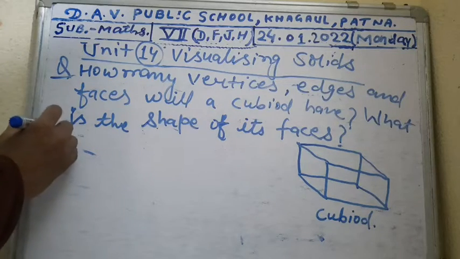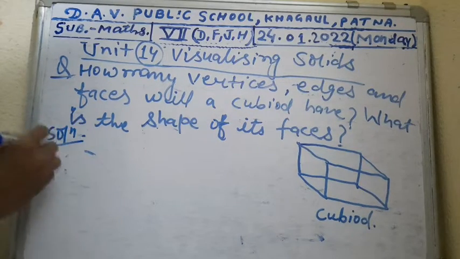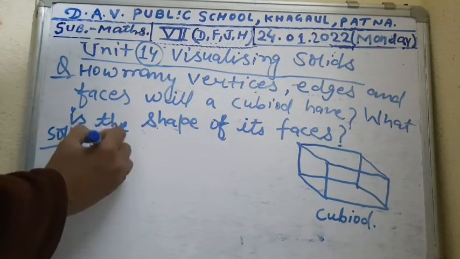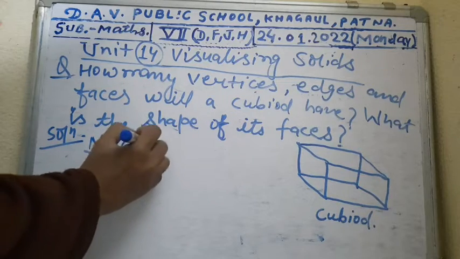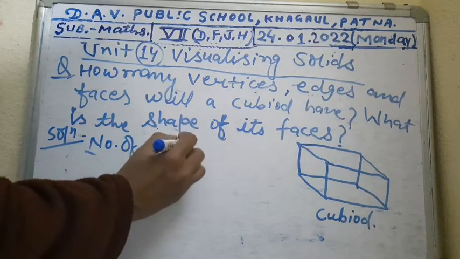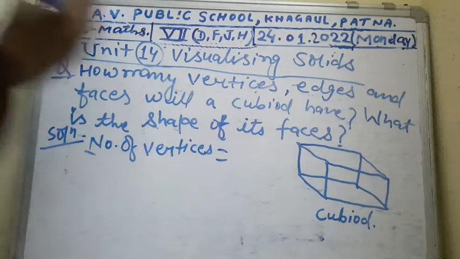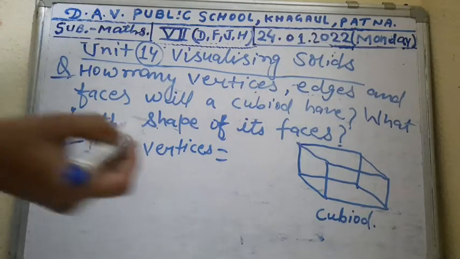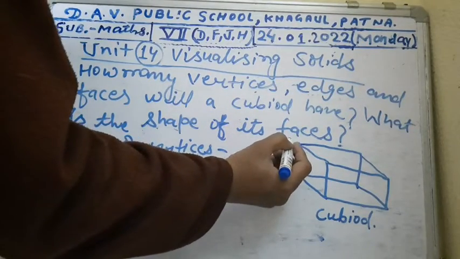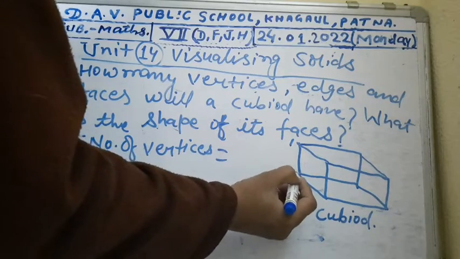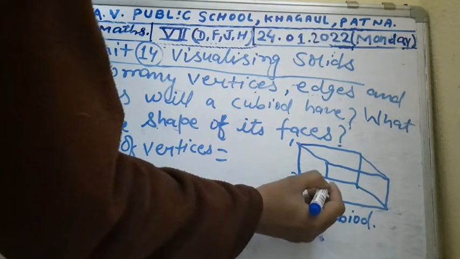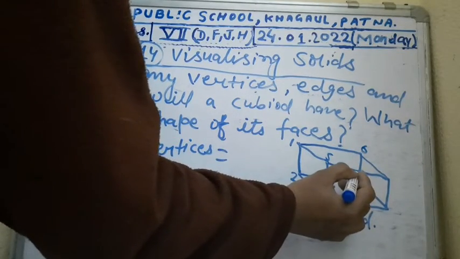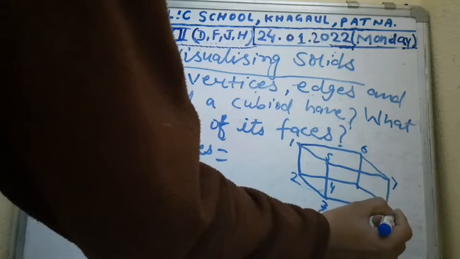Now you have to find the number of vertices. So we write here number of vertices. Vertices 1, 2, 3, 4, 5, 6, 7, 8.